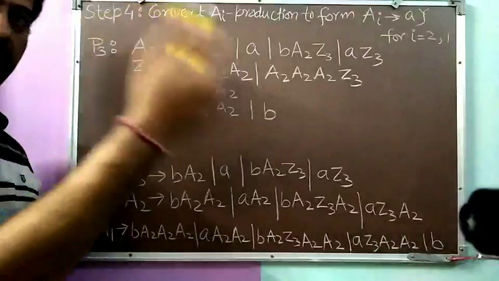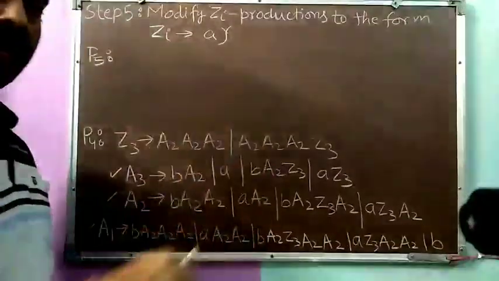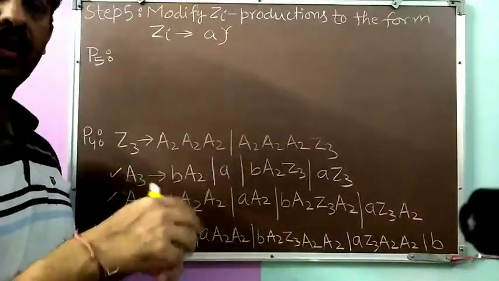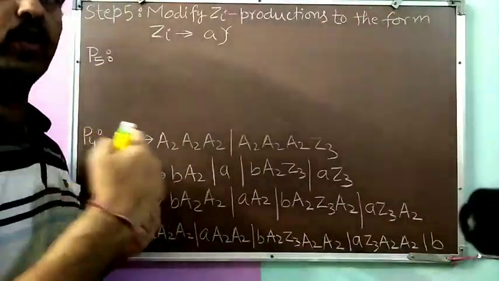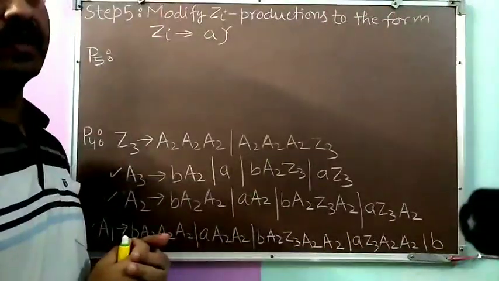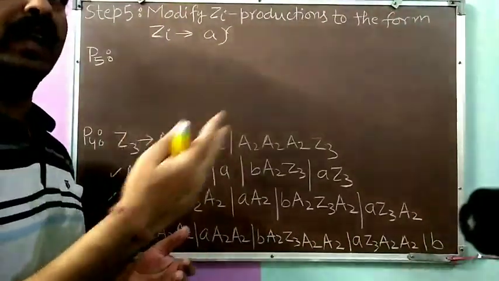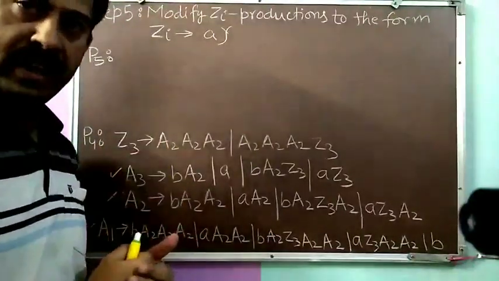Now we will come to step 5. Up till step 4, we have converted all our variables Ai to the required form of GNF, that is, starting with a terminal and followed by a sequence of variables. In this process, wherever we have applied lemma 2, we have always introduced a new variable Zi.